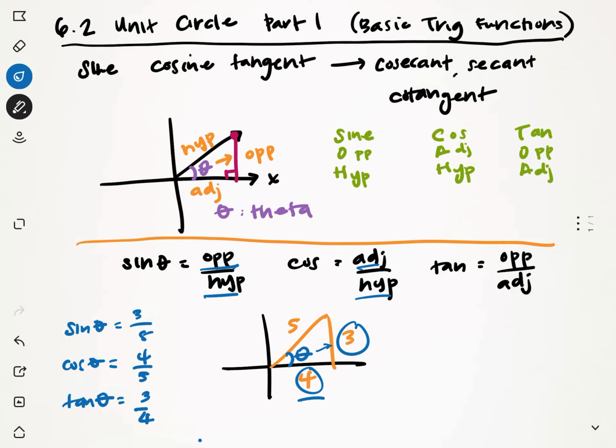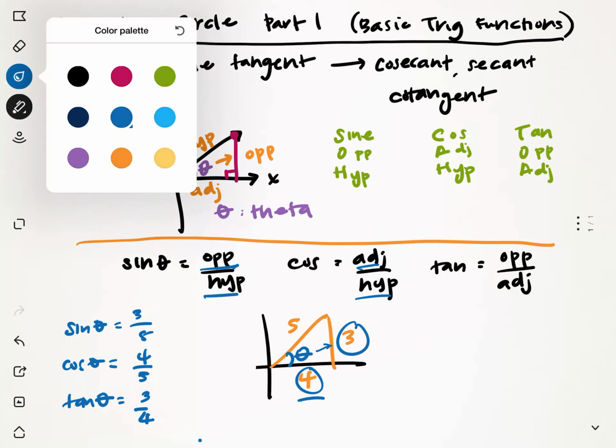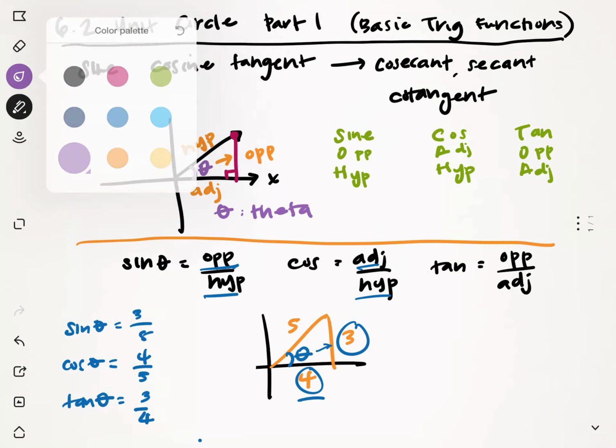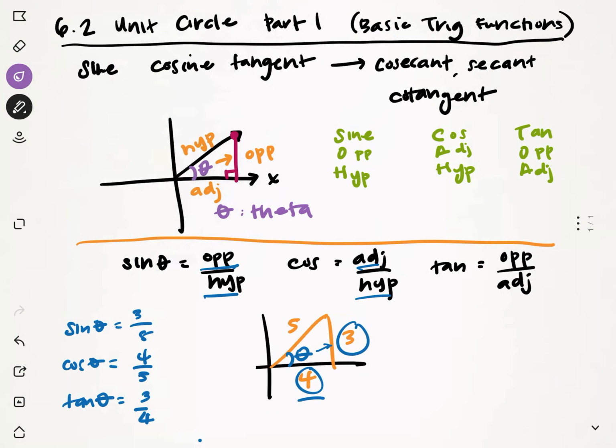Now, once we get those done, the reciprocals are quite easy. They're called reciprocal functions because they're just the reciprocal of the functions that they're related to. So the sine reciprocal function is cosecant, and we're just going to flip our fraction. Cosine's reciprocal function is the secant, so we'd also just flip the fraction.